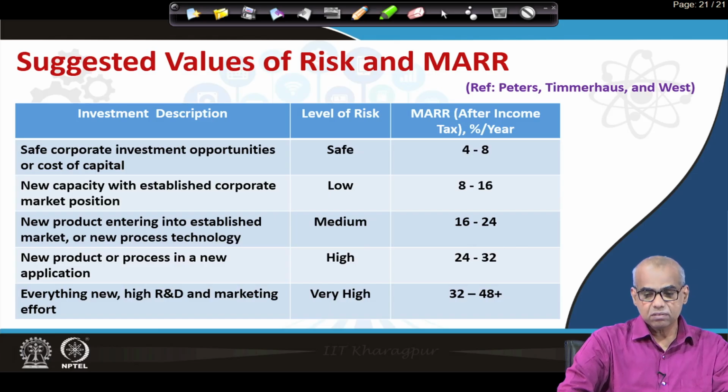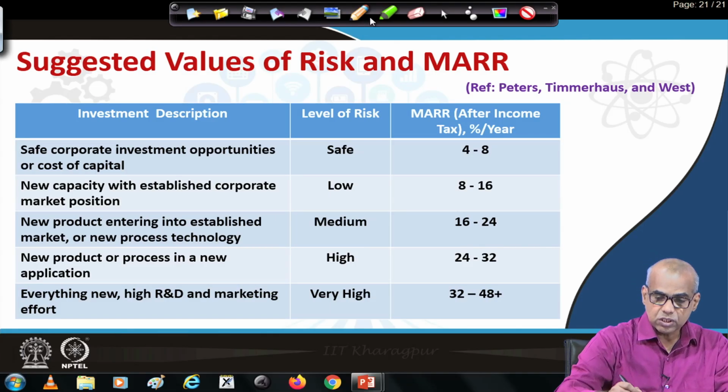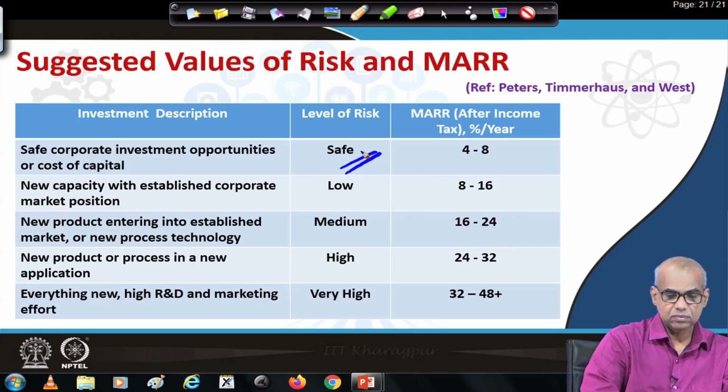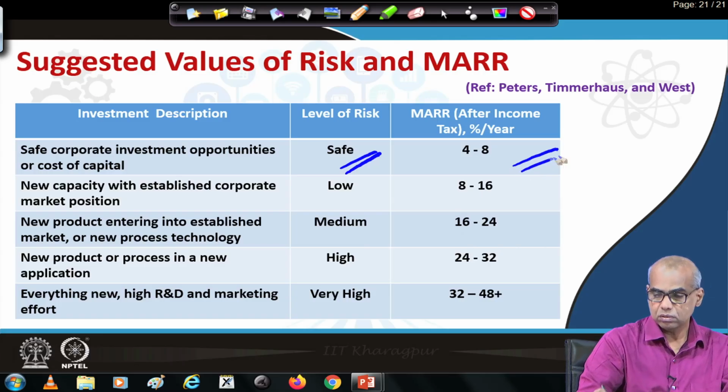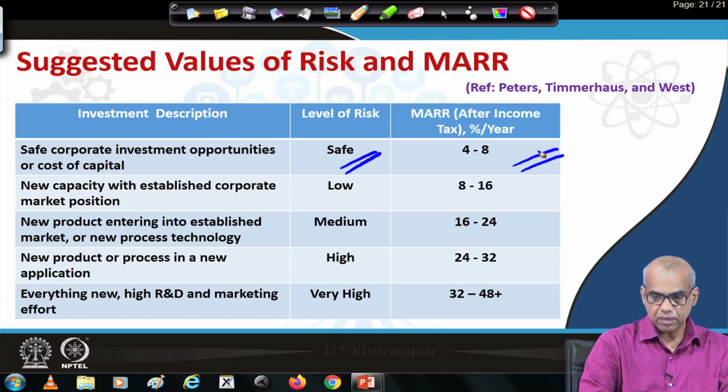See, level of risk is safe for safe corporate investment opportunities or cost of capital. Your minimum acceptable return may be in the range of 4 to 8%.